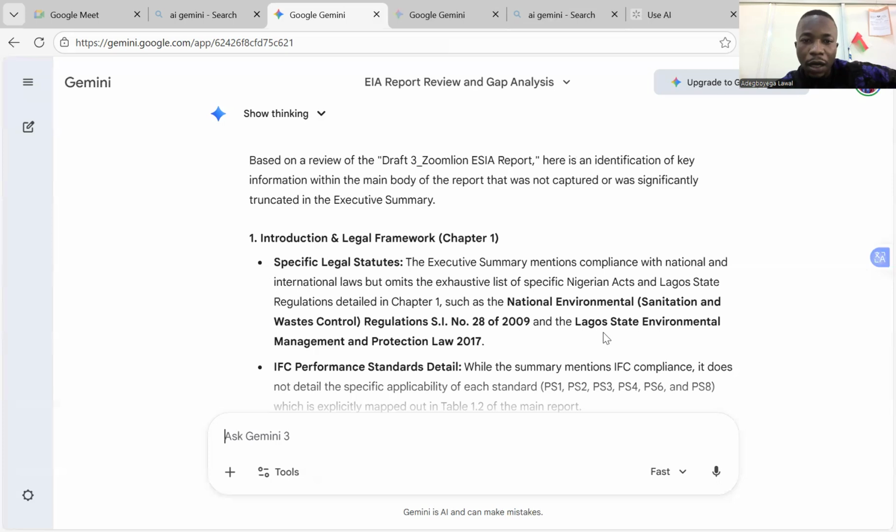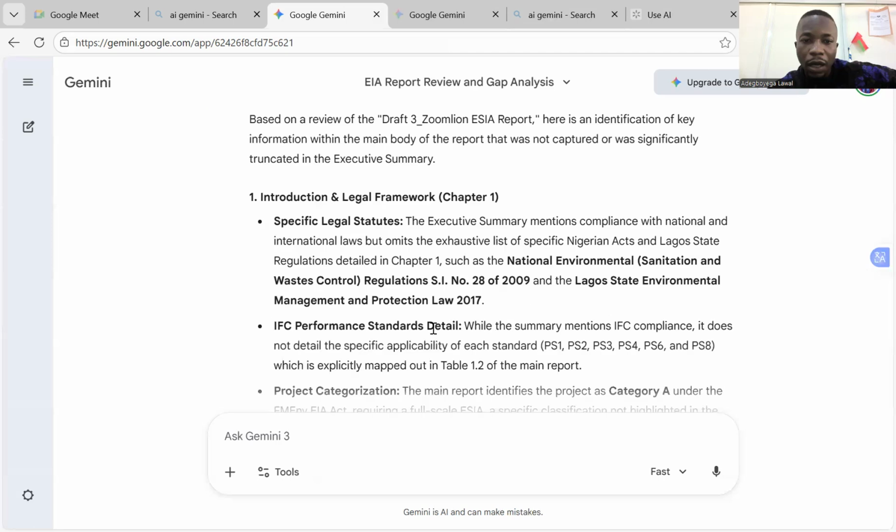So this is just trying to say that some laws were not captured. However, you might look at it and check if you are interested in adding them or not.